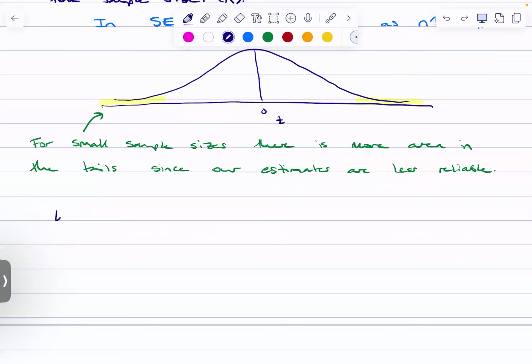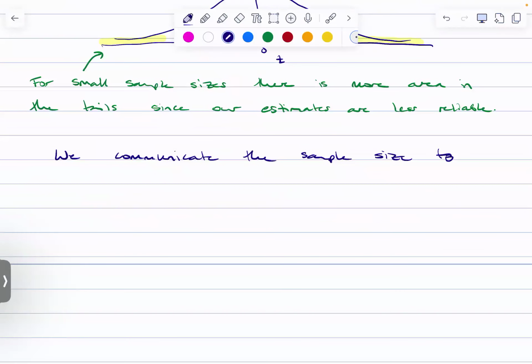So we communicate the sample size to the t-distribution using the degrees of freedom.